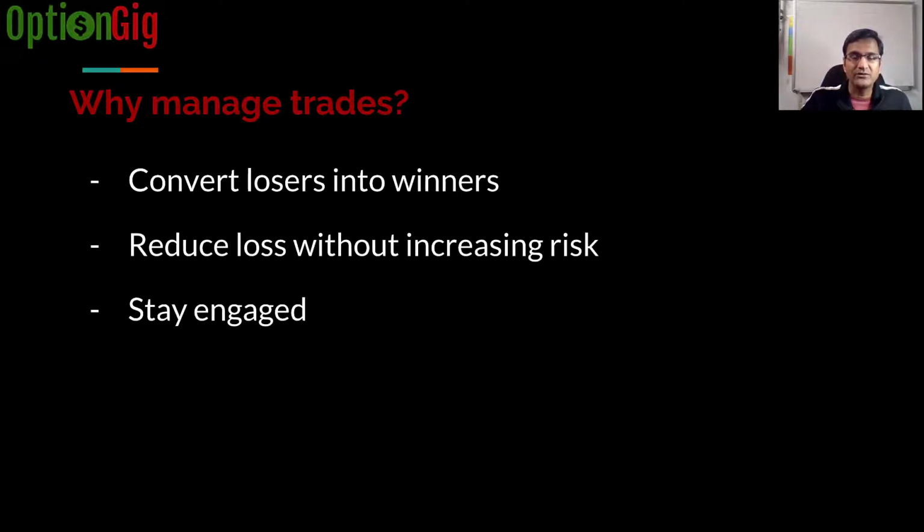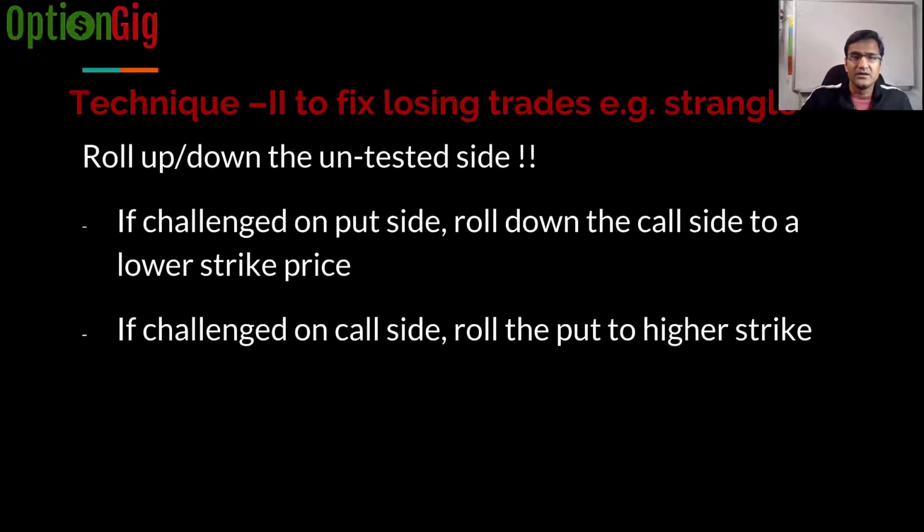Now I'm getting into technique number 2 of managing option trades. As an example, let's say you put on a strangle and now the strangle is being challenged. The technique we need to use is to roll up or roll down the untested, i.e. the unchallenged side.